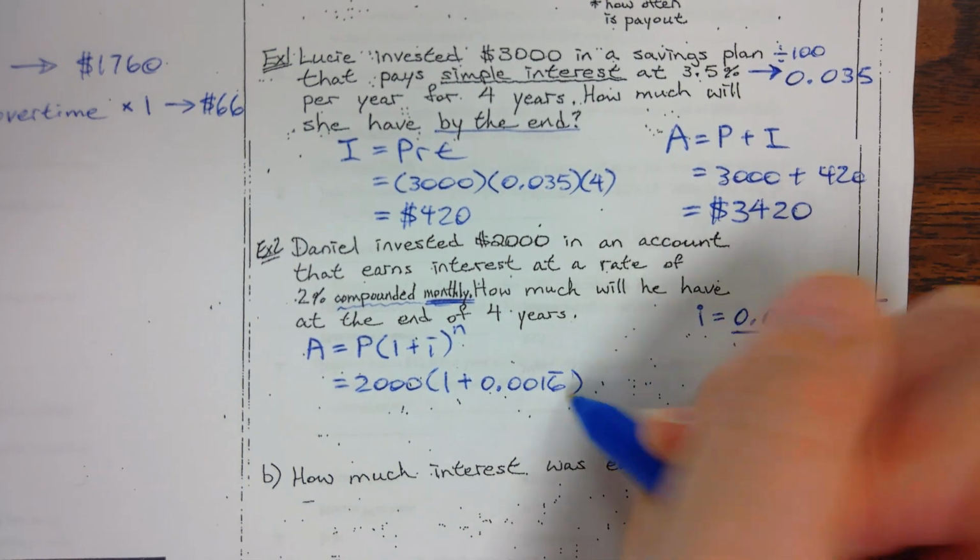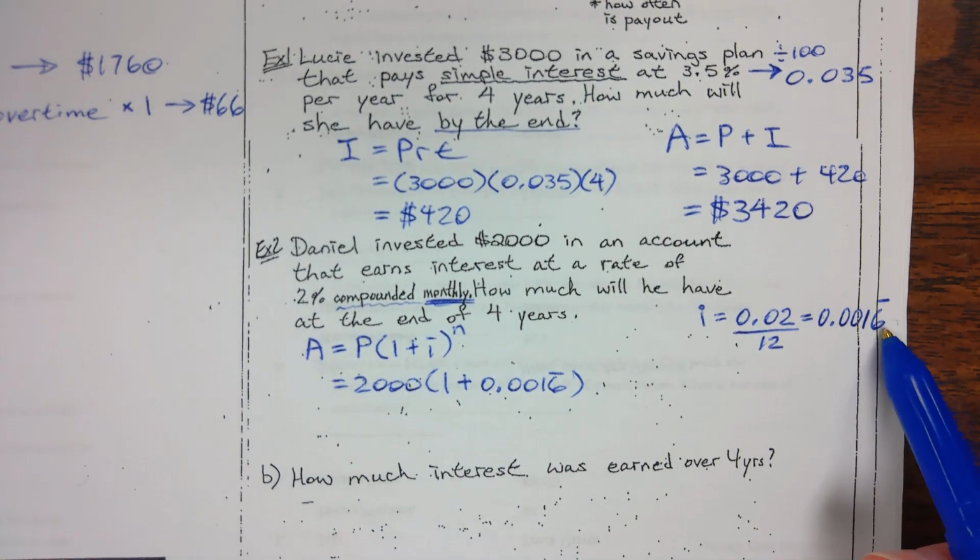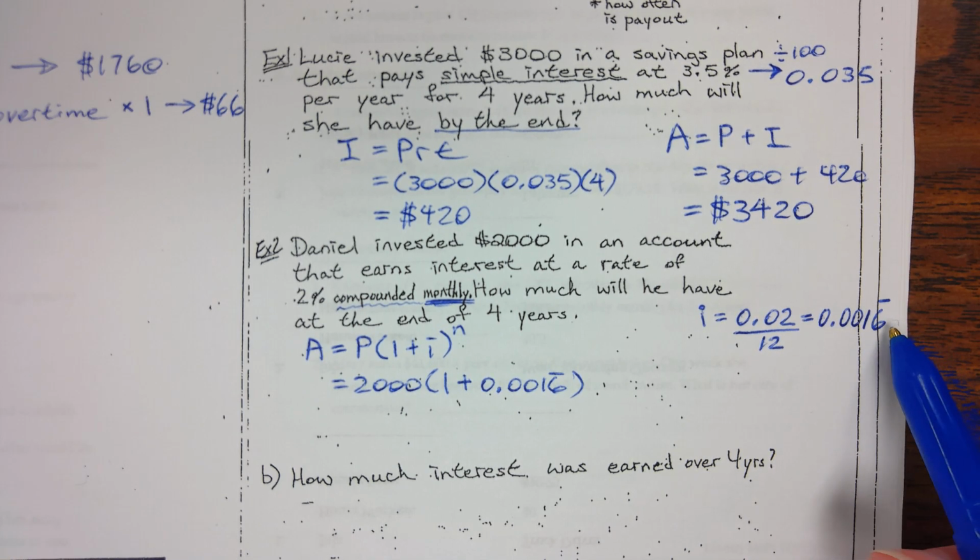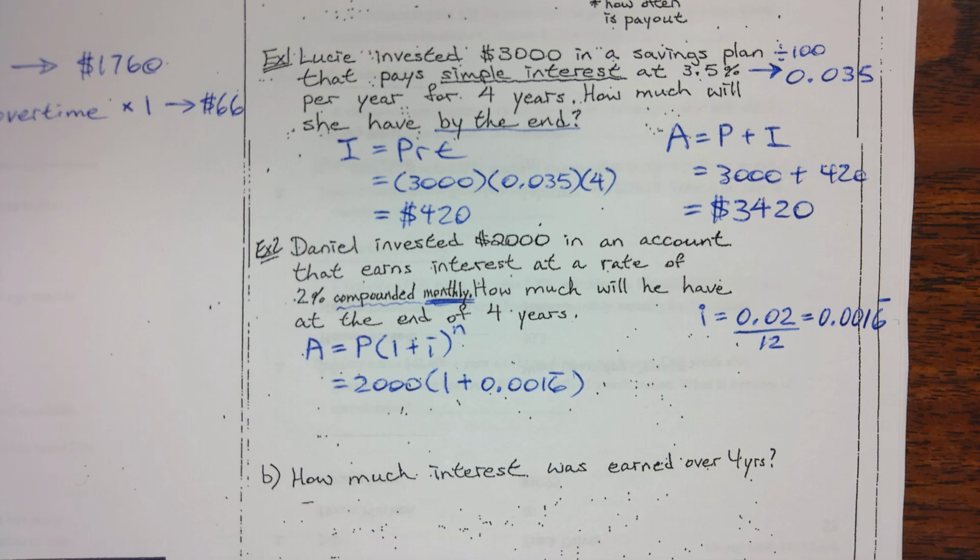Oh, and also when you do the calculation, make sure you don't just round it to 0.0016. It's 6666666. Try to punch in as much decimal as you can on your calculator. Because if, let's say, you're investing $1 million, those trailing decimals can be $1,000 different.